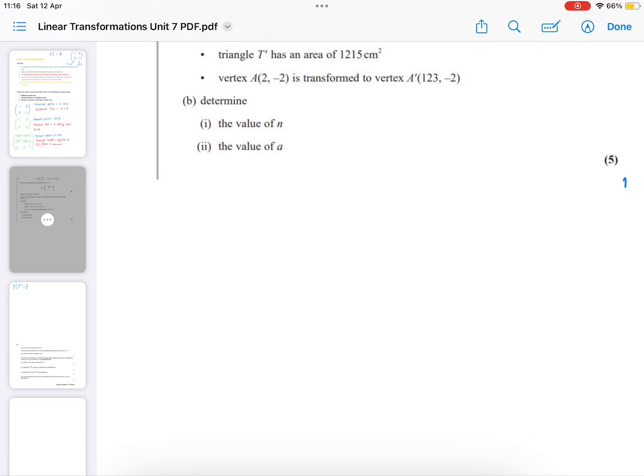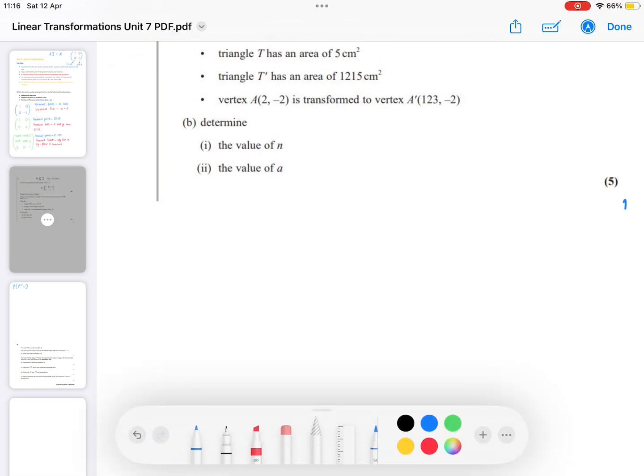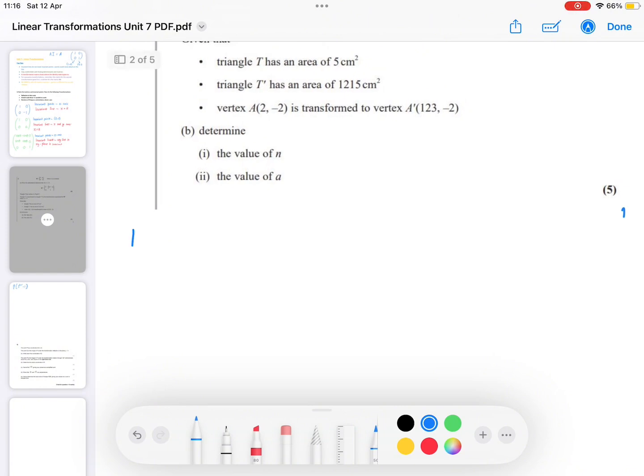So one of the things we have to know about linear transformation matrices is the determinant of the matrix represents the area scale factor. So in this case, 1215 over 5 is the determinant of the matrix M to the n. This is 243.